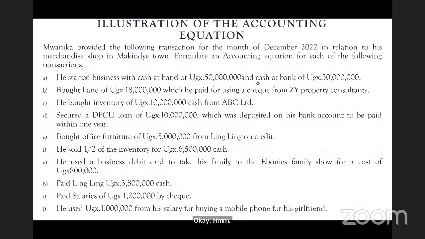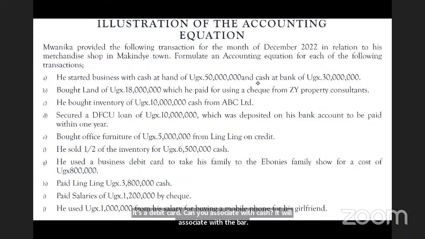Okay, part G, it is saying that he used a business debit card to take his family to the Ebony's family show for a cost of 800,000. Business debit card. Can a debit card associate with cash? A debit card will associate with a bank, not so?